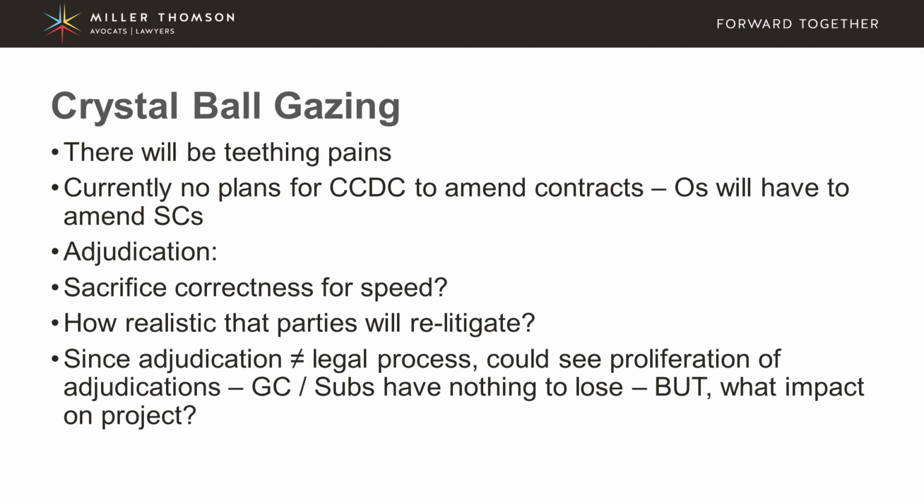Because an owner may be ordered to pay some amount of money and they may not like the result and may think that it's not fair or not correct, but the cost of litigating that may make it prohibitive, and they may decide, you know what, it's better to just pay this than to spend the money relitigating it with the uncertainty of the result.